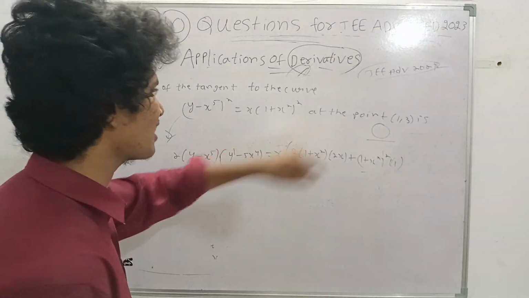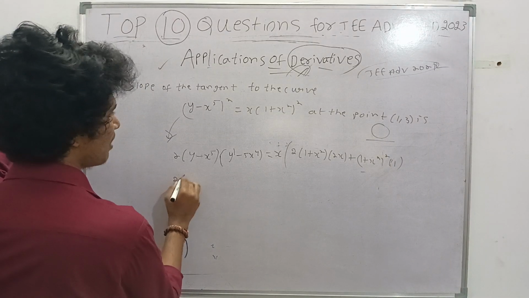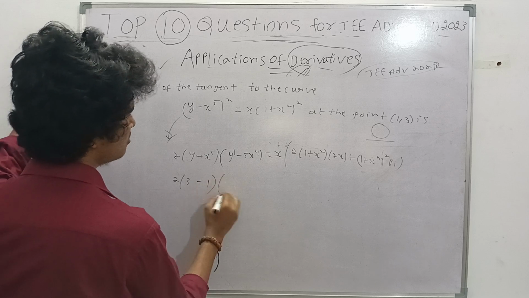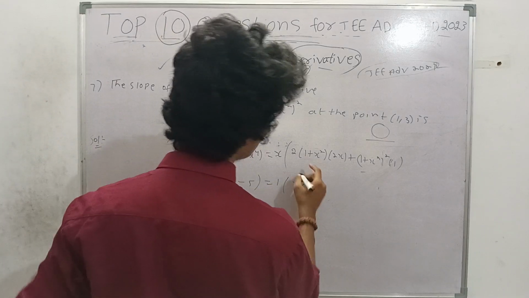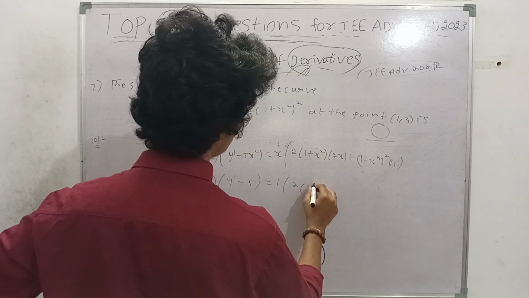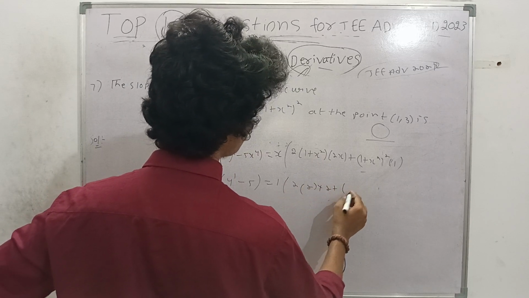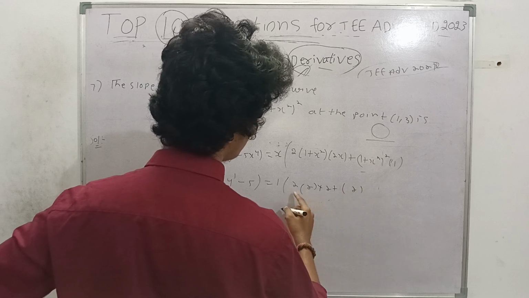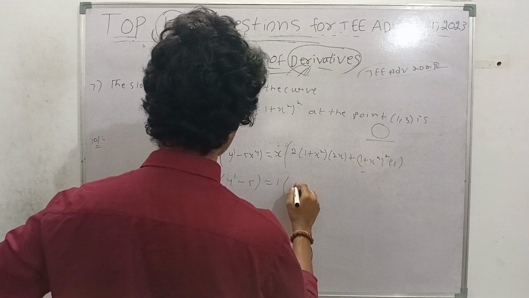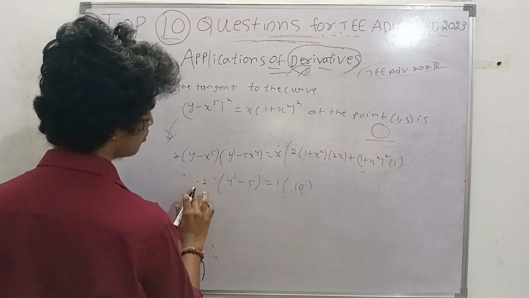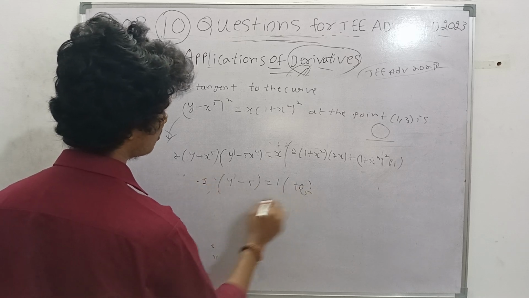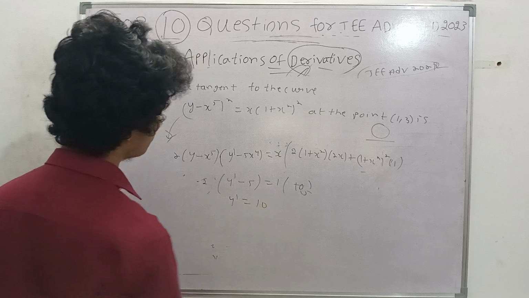We have to find y dash, and they gave the point (1, 3). So I can substitute (1, 3): 2 into (3 minus 1) into (y dash minus 5) equal to 1 into 2 into 2 into 2, plus 2, it will be 8, 8 plus 2 it is 10, here it will be 2, y dash equal to 10.